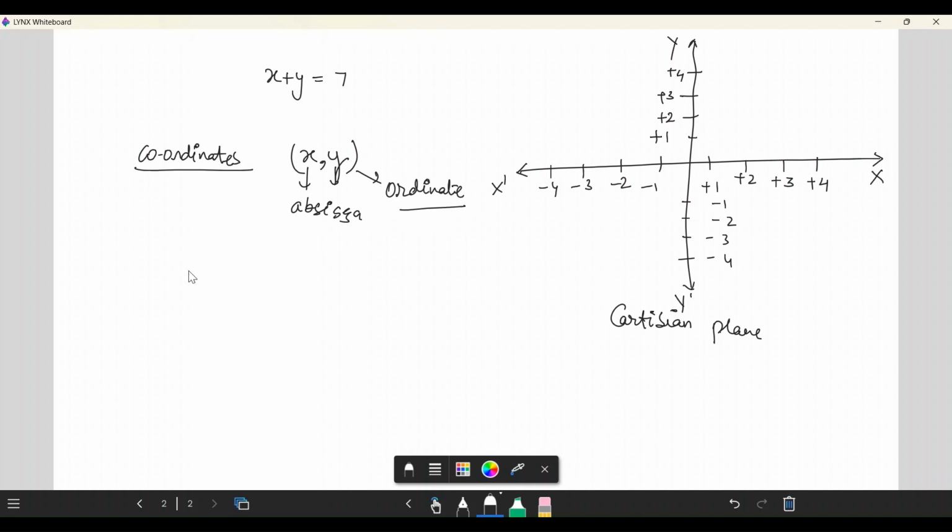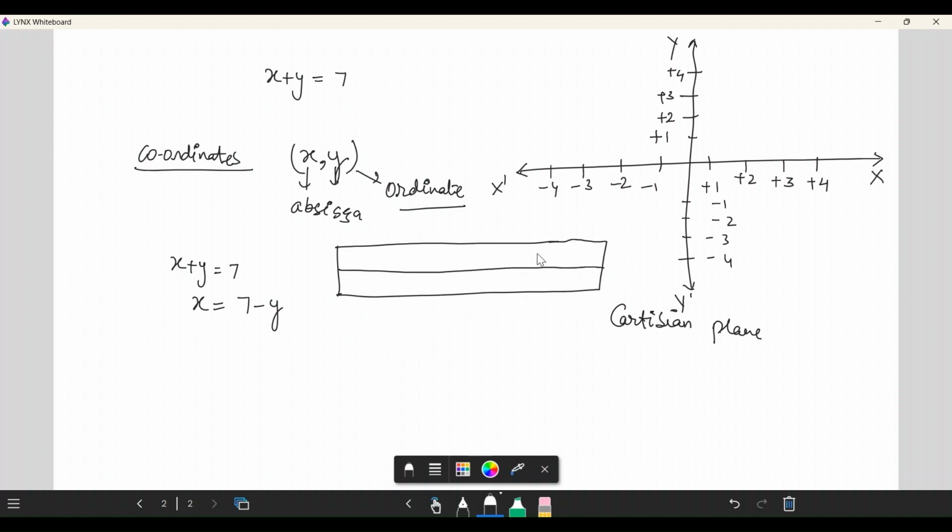If I'm writing x plus y is equal to 7, and I make y alone or x alone, what do I get? x is equal to 7 minus y. And if I make a table like this, so if I put the value of y as 1, then what is the value of x? 6.